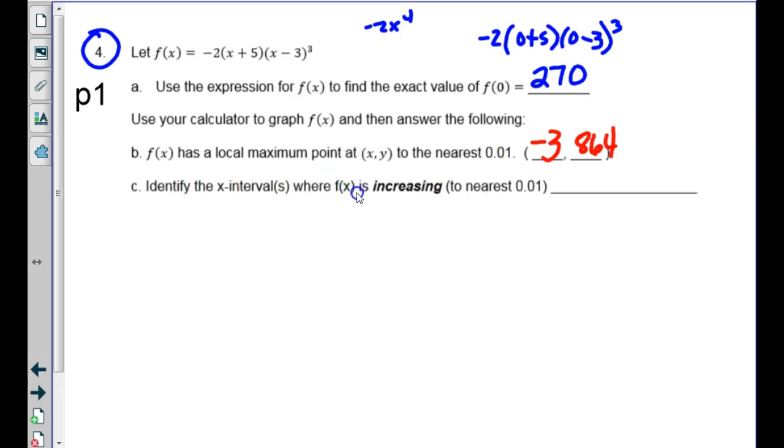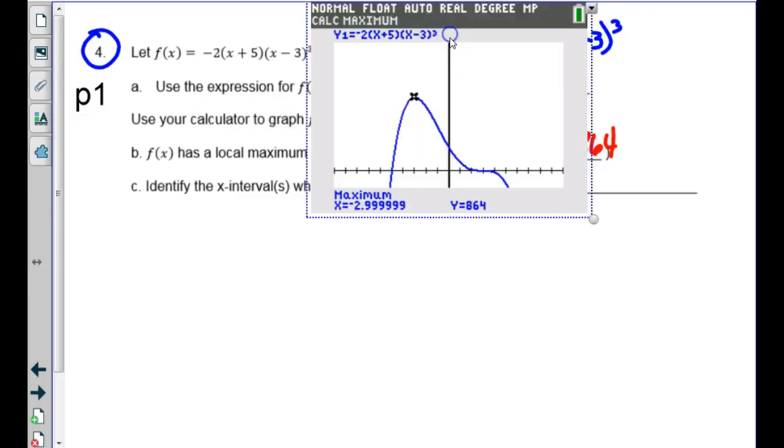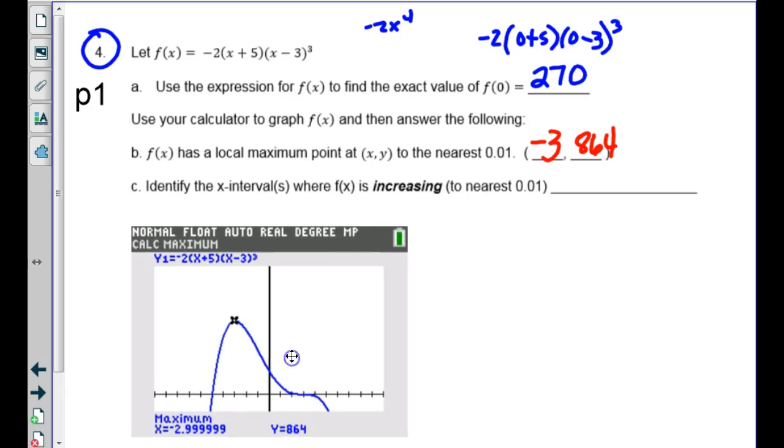Identify the x intervals where the function is increasing. Does anybody remember how this goes? If I put this on my screen here, increasing means going up as I go left to right, and all of this is going down.